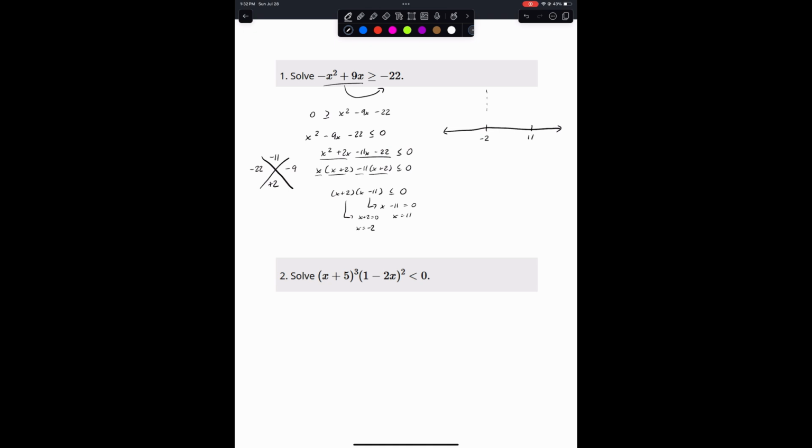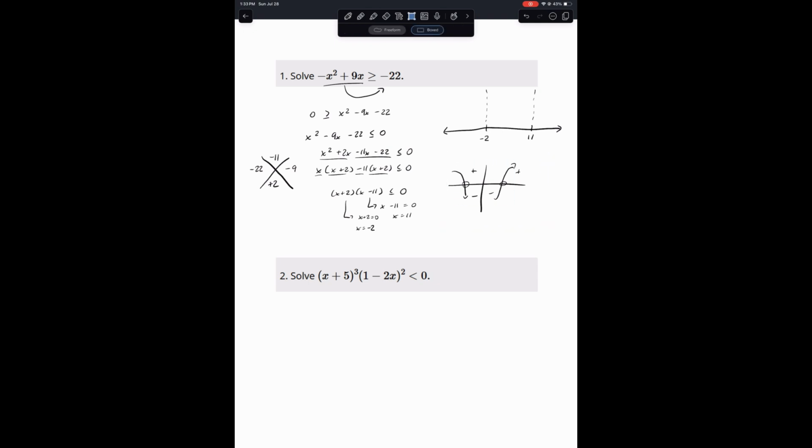Remember our critical values: generally speaking, they go from positive to negative, or negative to positive, because if your graph ever crosses the x-axis, you have to go through the x-axis. That's why these are your critical values.